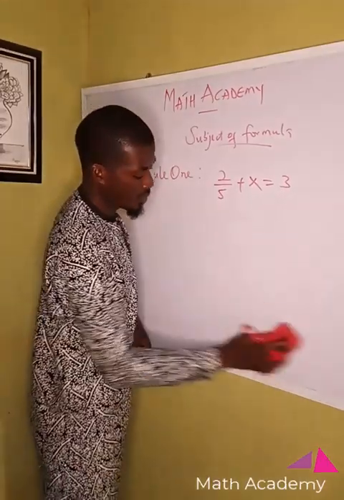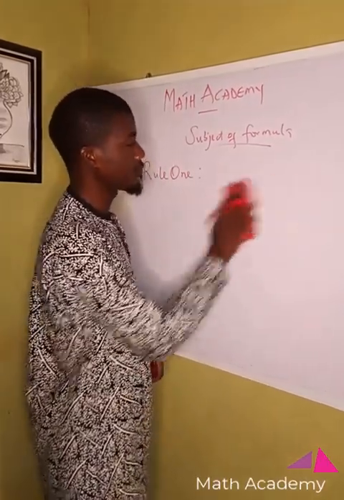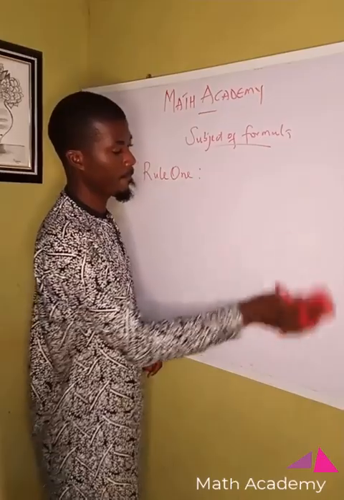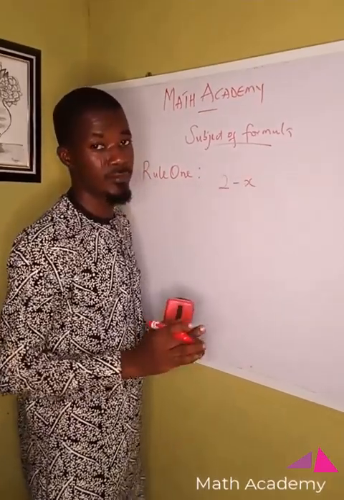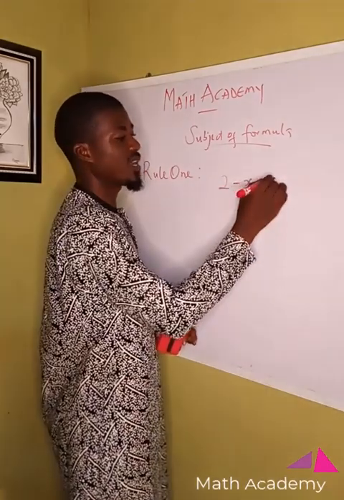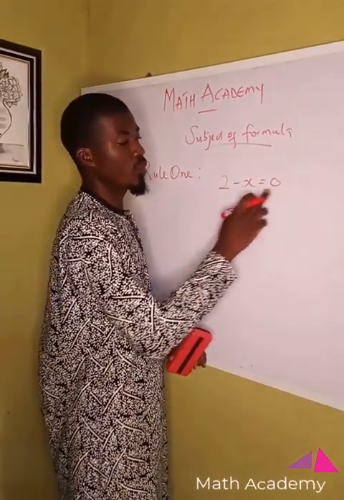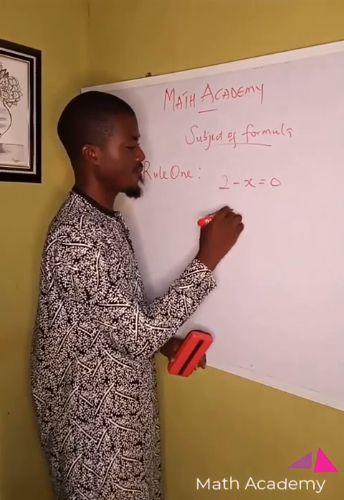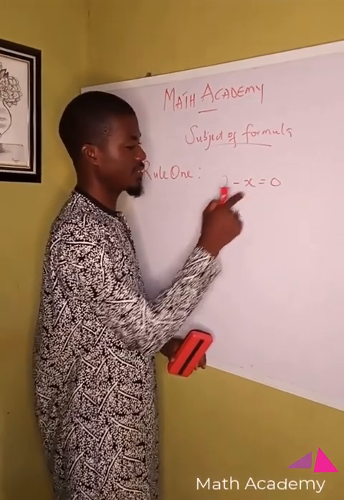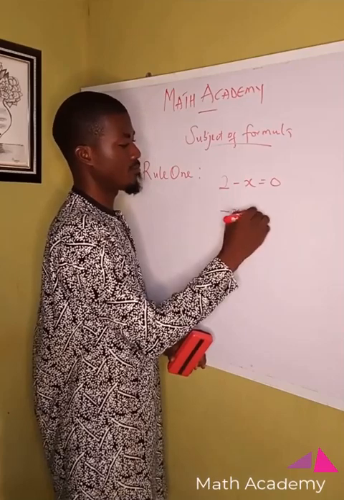So another example is, say, you have 2 minus x and they didn't equate it to anything for you. What you do is automatically equate it to 0. Once you equate it to 0, take this 2 to the other side. So you have minus x equals minus 2.